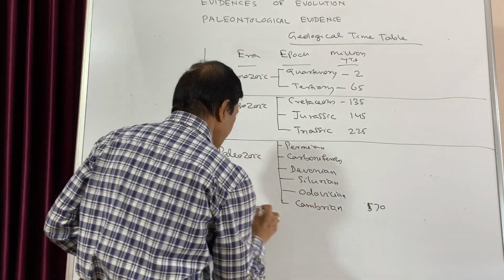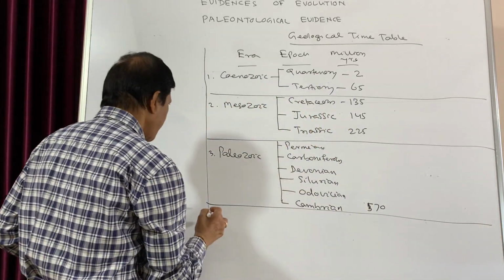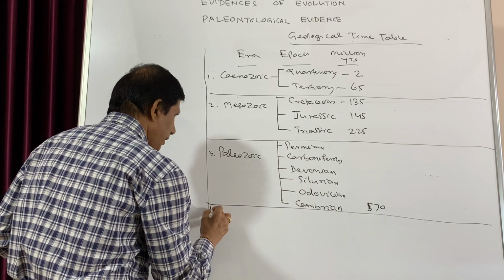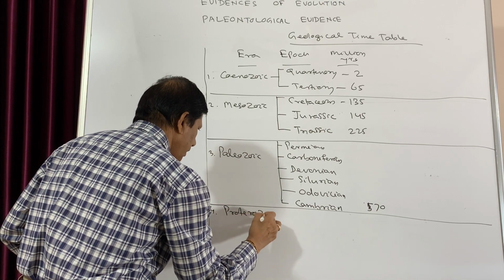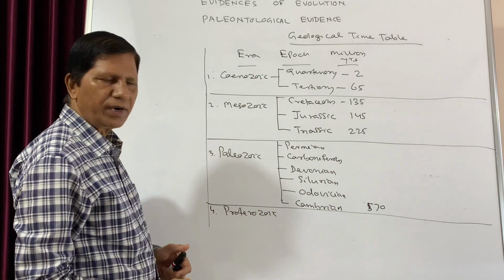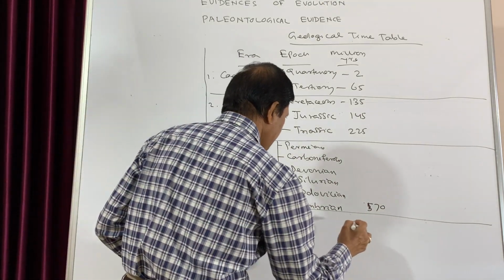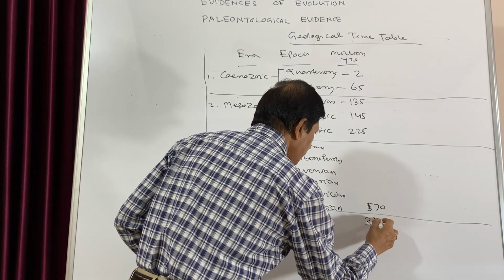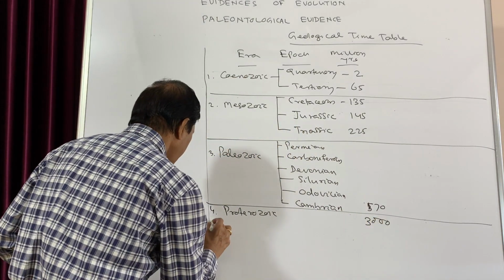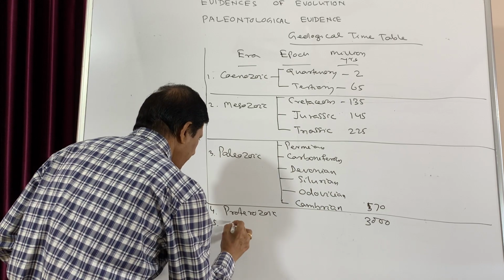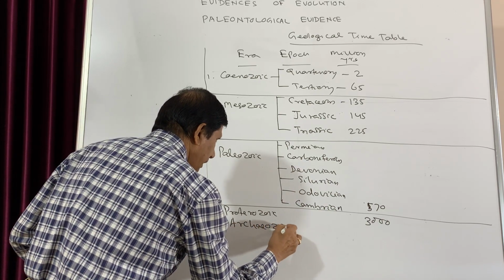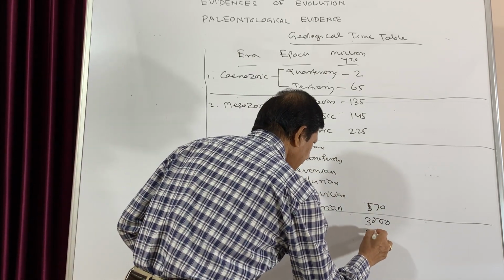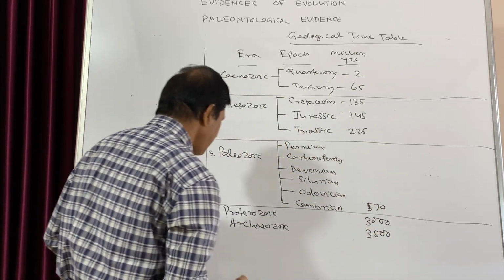Then after this, the fourth one is Proterozoic. Proterozoic is not divided into epochs and it starts around 3000 million years. Then the fifth one is Archaeozoic. Archaeozoic is usually 3500 million years back.